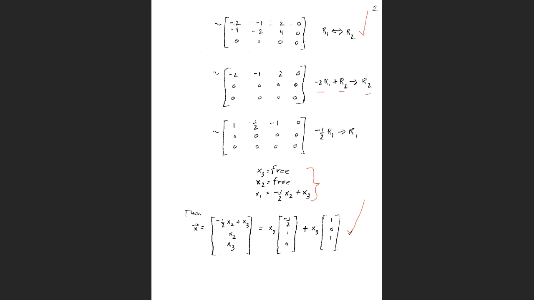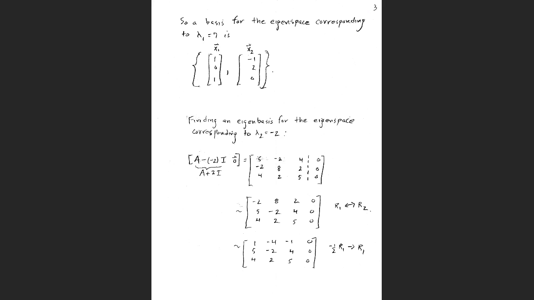All right. So now we have a basis for an eigenspace. But of course, we're not going to use this -1/2, 1, 0. What can we replace that by? The 1, 0, 1 is okay. That's a nice friendly eigenvector. What can we replace the -1/2, 1, 0 by?